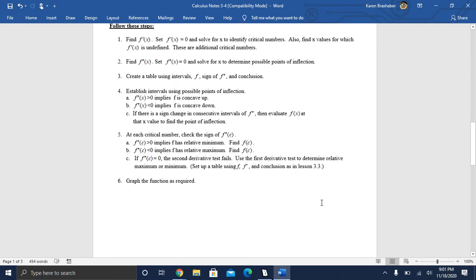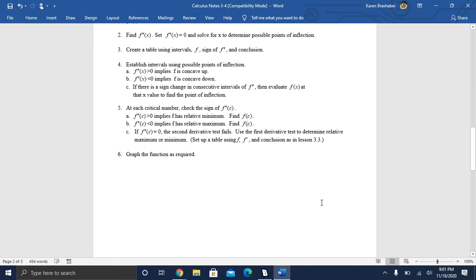In your steps, step number 5, if you are asked to find relative extrema, as you're fully beginning to analyze a graph, if you have an easy second derivative to do, and keep in mind, I would never do this unless I had an easy second derivative, then you can find your critical numbers, and at each critical number, you can analyze the sign of f double prime.